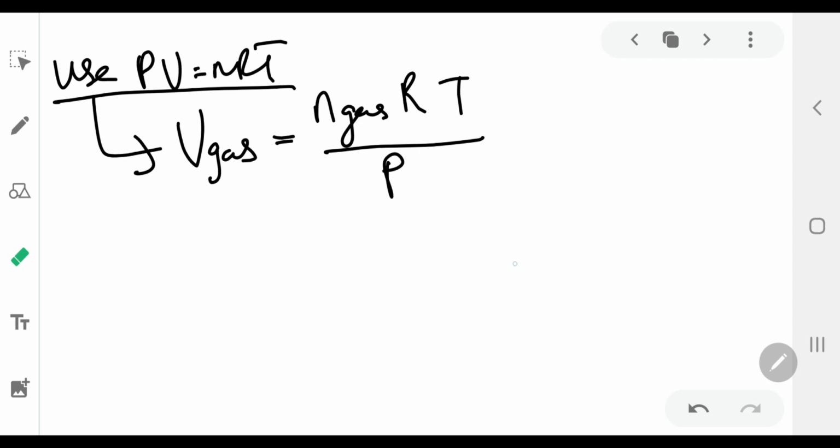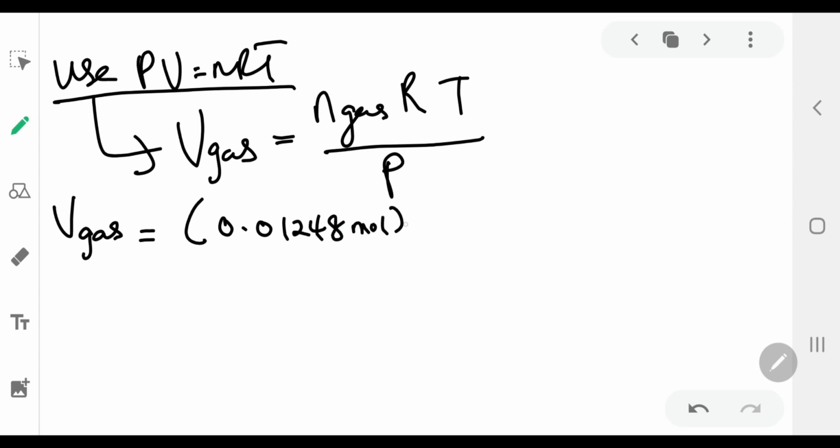When we substitute all of the values inside, we would get 0.01248 mole times 0.0821 liter atmospheric pressure per mole per Kelvin.